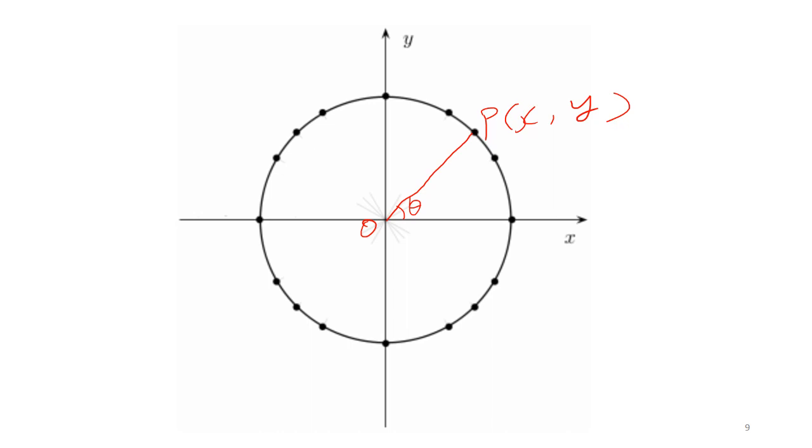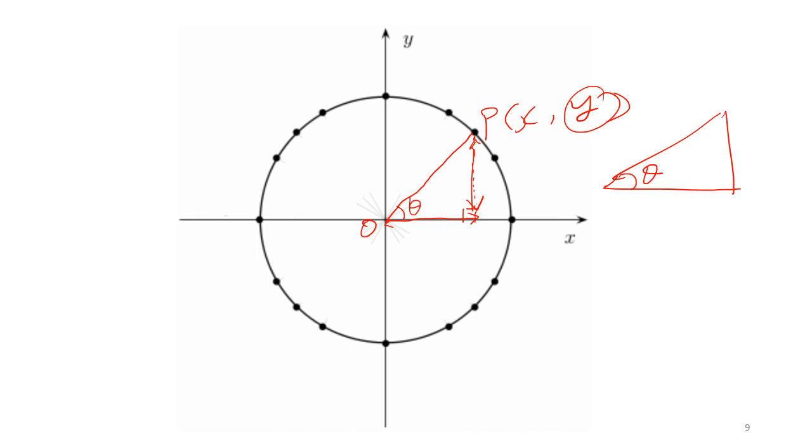You use trigonometry, right? So I'm going to draw an imaginary line here. This x coordinate would be from here to here, right? From here to here. And this y coordinate would be from here to here, right? You can see that it's just a right angle triangle.